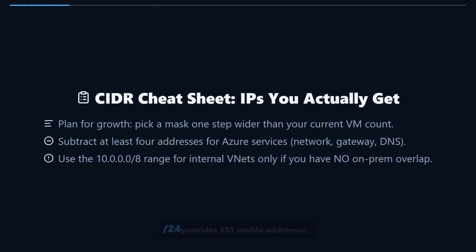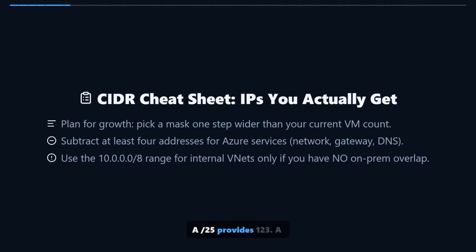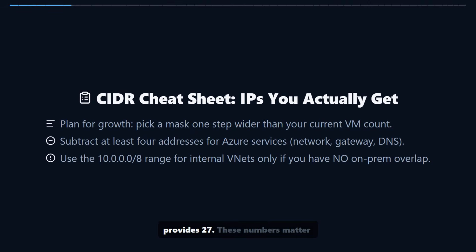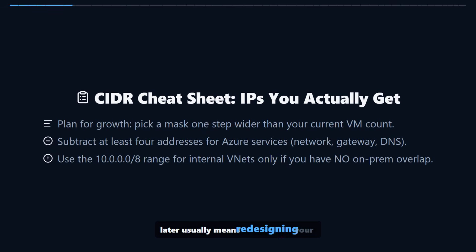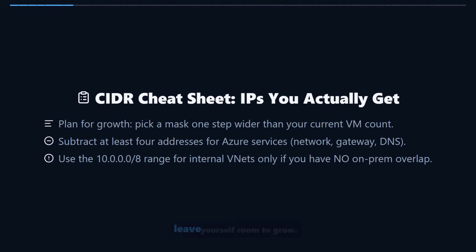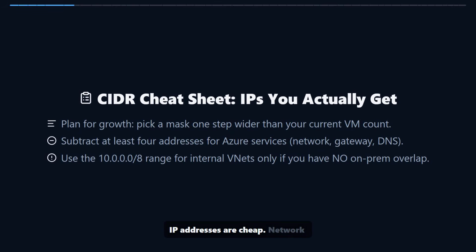That means a /24 provides 251 usable addresses. A /25 provides 123. A /26 provides 59. A /27 provides 27. These numbers matter because running out of addresses later usually means redesigning your subnet layout. When in doubt, leave yourself room to grow. IP addresses are cheap. Network redesigns are not.